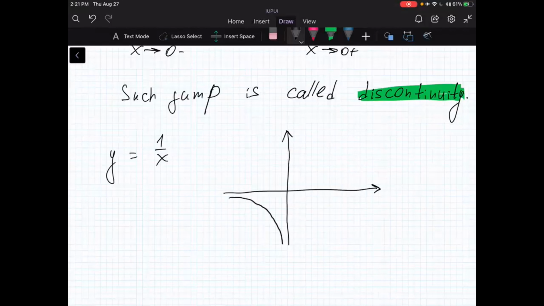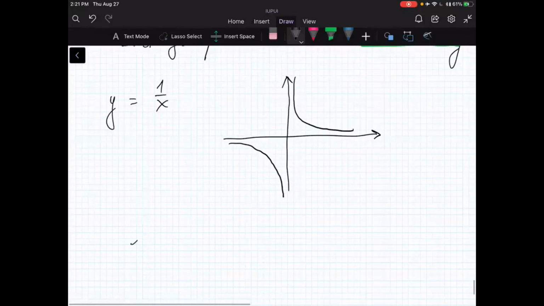So again, it looks like this, and it looks like this. So the limit when x goes to 0 from the left: I'm here, here, here, and my function is becoming large negative. So it's minus infinity.